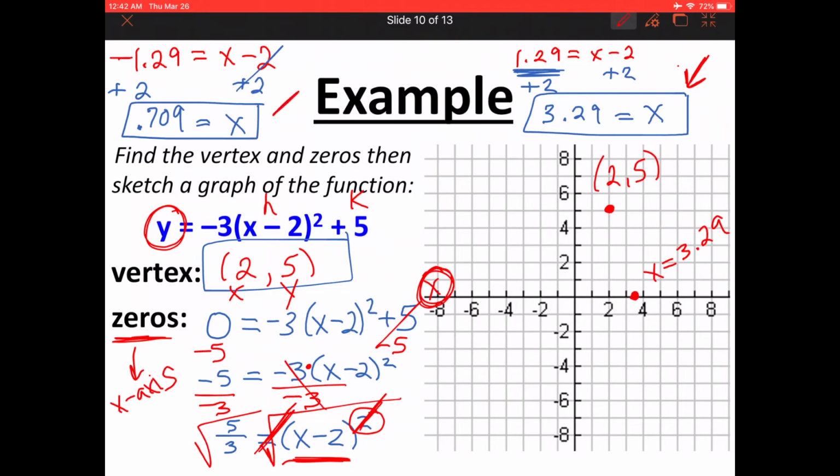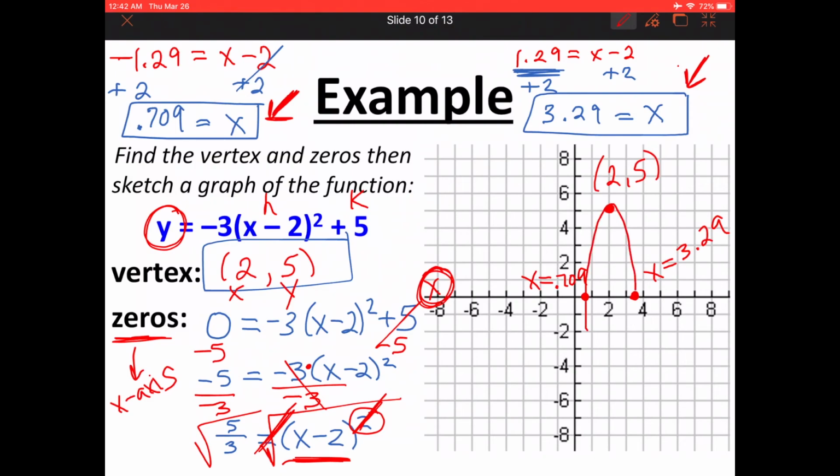Now my other zero up in the top left is x equals 0.709. So 0.709 is going to be right around here. So there I'm going to put x equals 0.709.